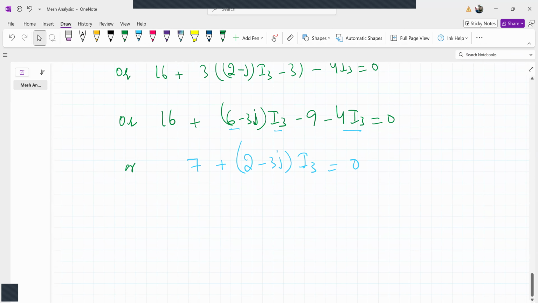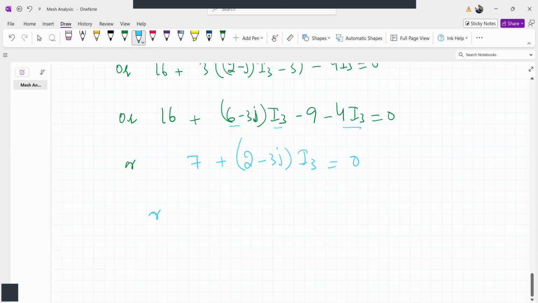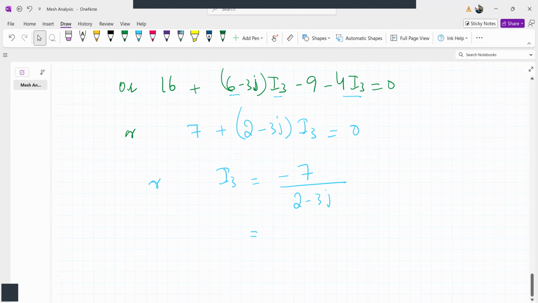Recheck the calculations one more time. So this will give us I3 equal to minus 7 divided by 2 minus 3J. Please check this one more time and verify the calculations yourself.